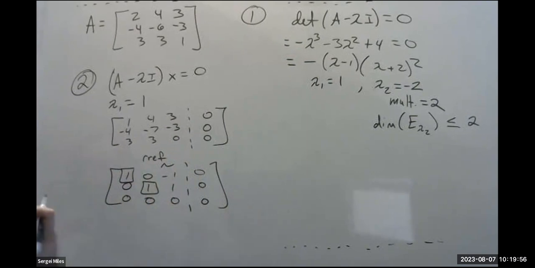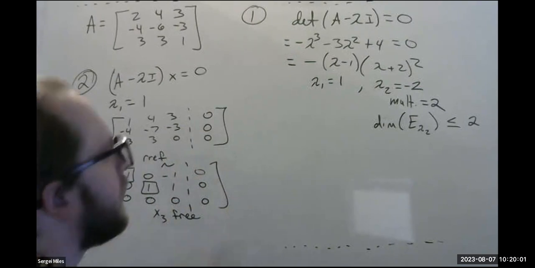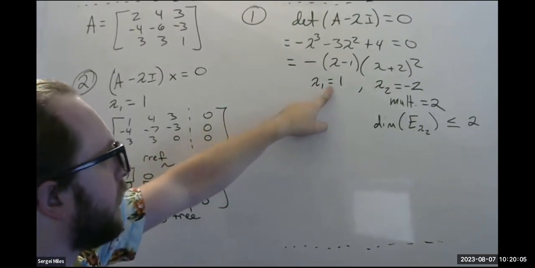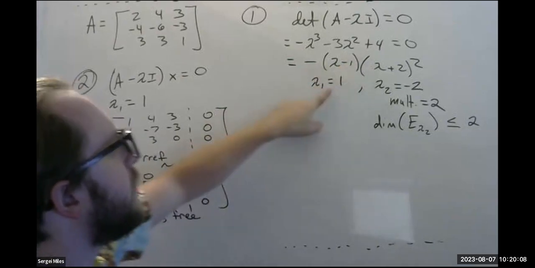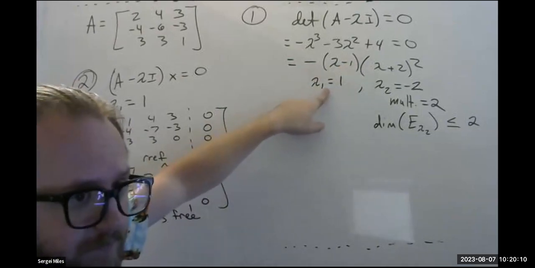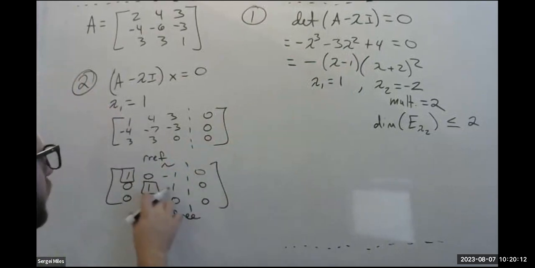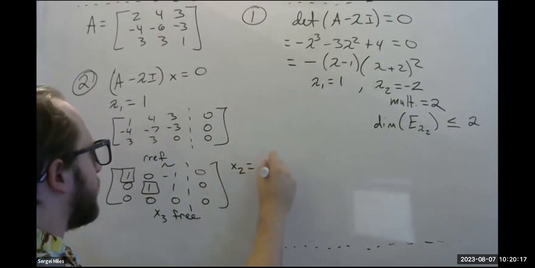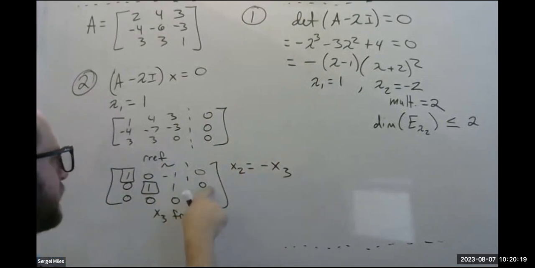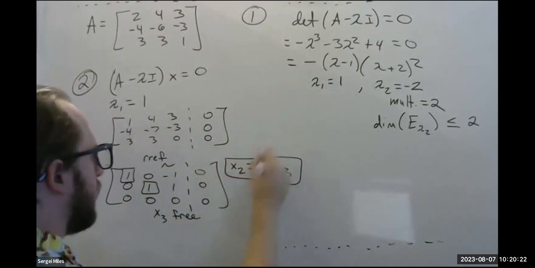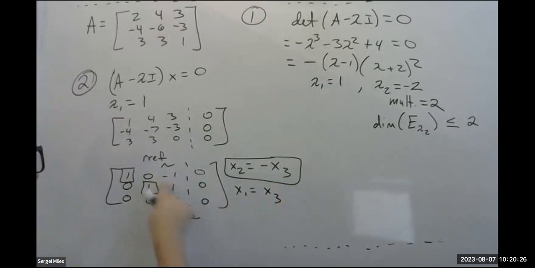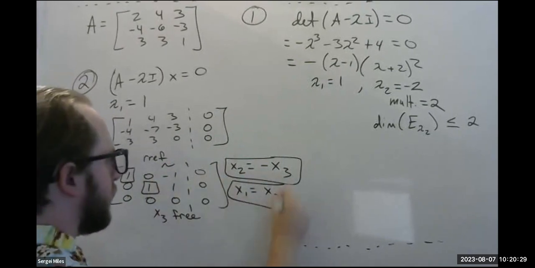We get one free variable, which is what we expected, since we know there's at least one eigenvector that goes with this eigenvalue, and it has multiplicity 1, so we expect only 1. Well, we can solve for it. x2 equals negative x3 if I subtract this over, and x1 equals positive x3 if I add this x3 over.